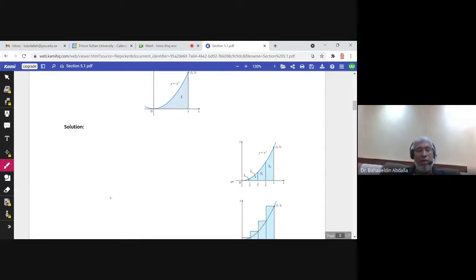Okay, so it is from 0 to 1, so the length is 1. So if you divide, I can say that delta x is b minus a over n, where delta x is the width of the rectangle.